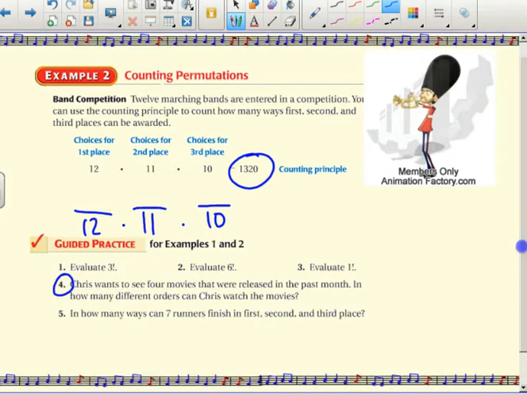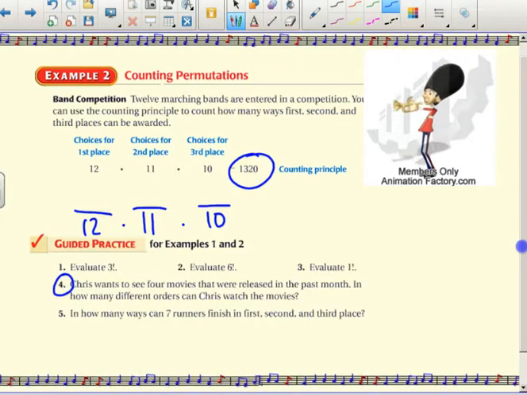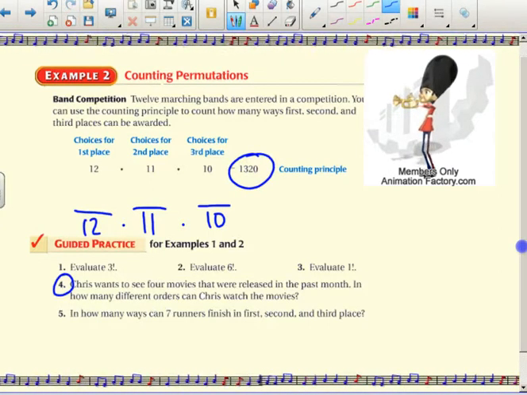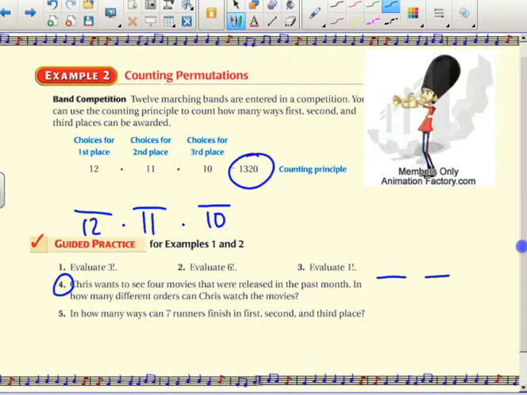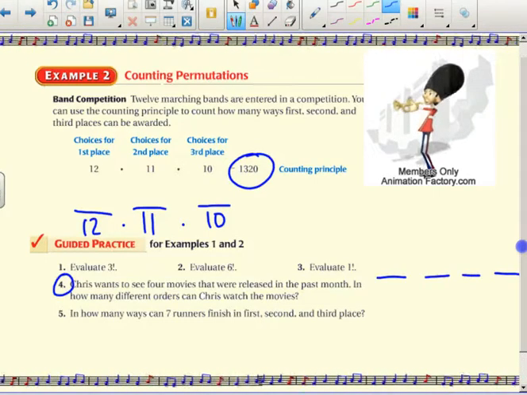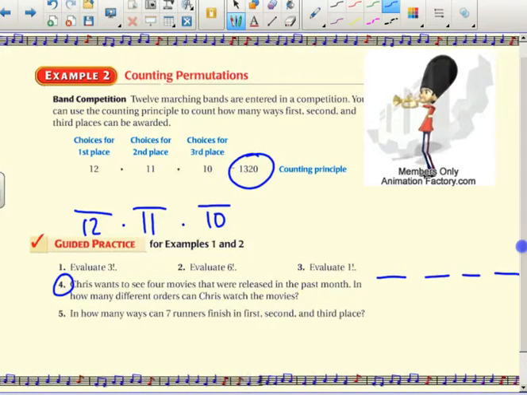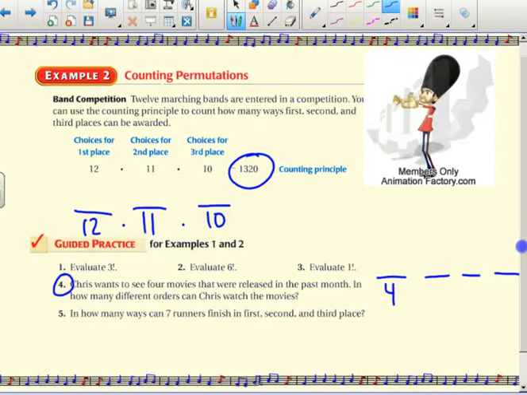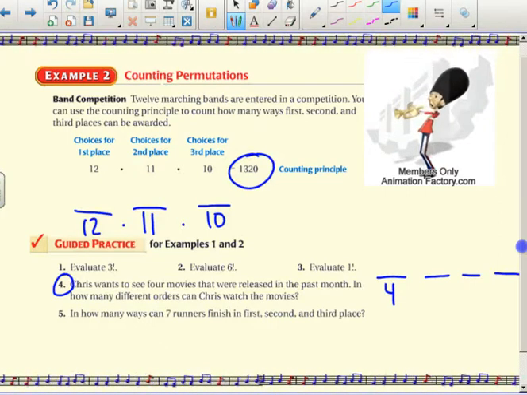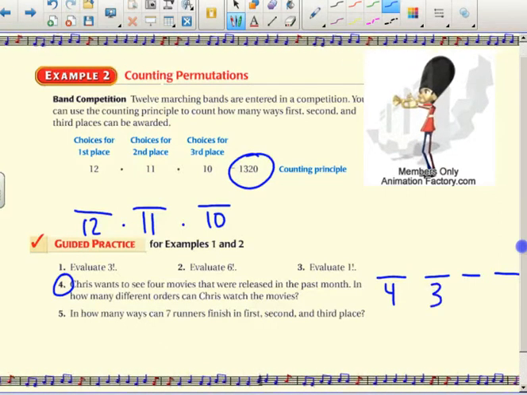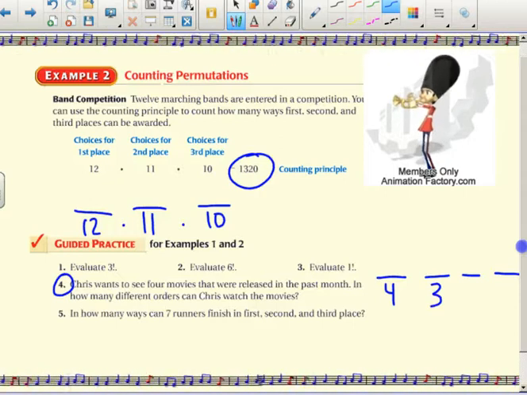Let's try number 4. Chris wants to see 4 movies that were released in the past month. How many different orders can Chris watch the movies? So we have 4 movies. He can choose between 4 different movies for the first one. Once he chooses that one, it's out, so there's 3 left for the second.